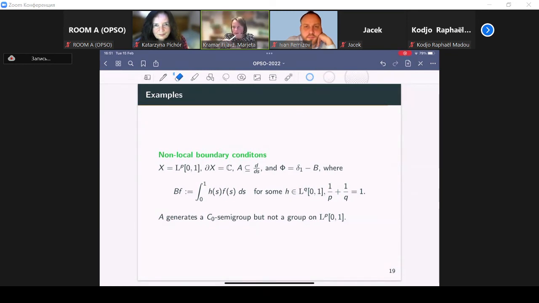To illustrate this, I will just use a simple one interval, so one dimensional, even no network, and the simple first derivative. And the boundary condition is like this. So evaluation in one is some operator B, which is given here.